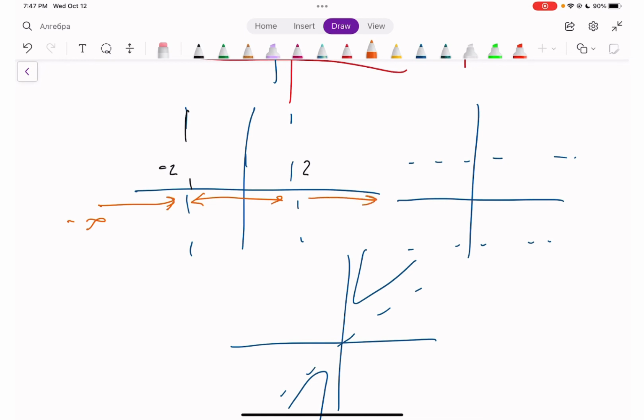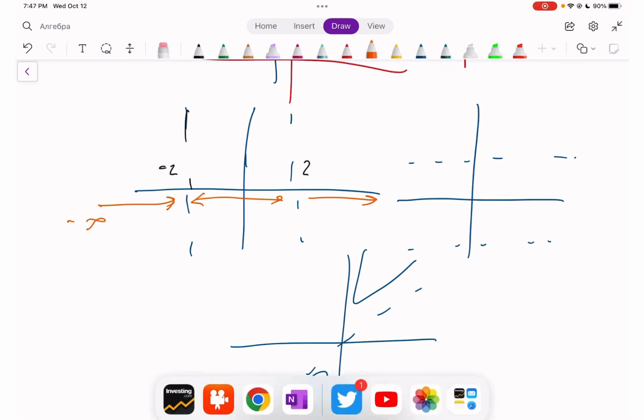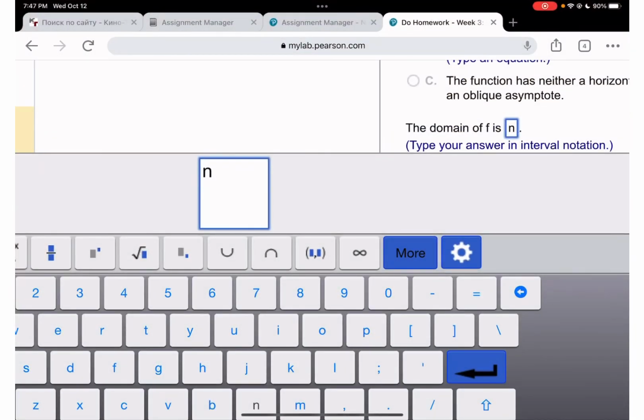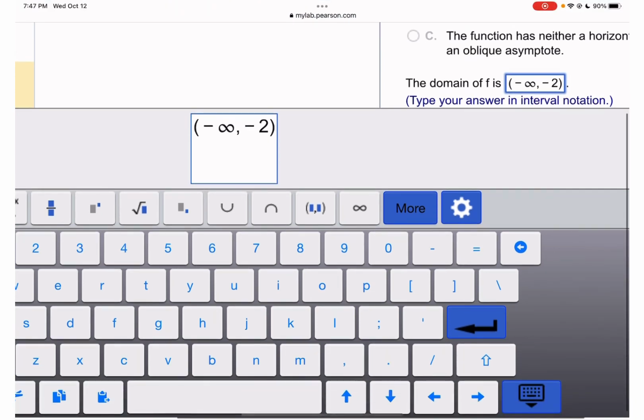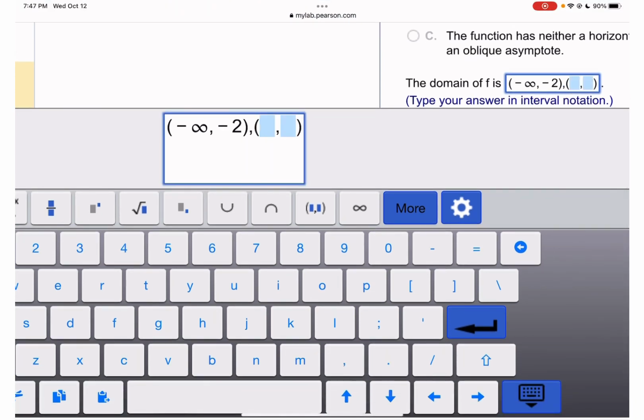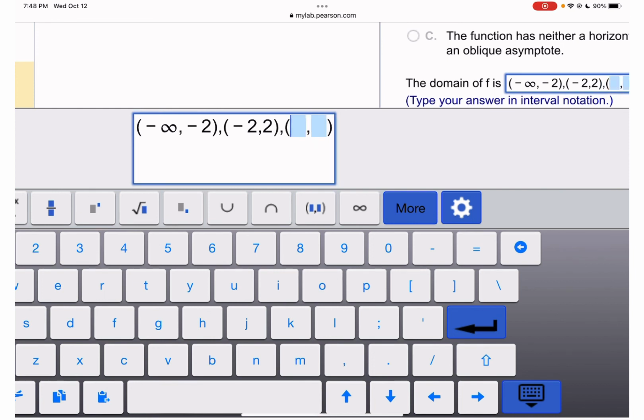And from +2 to +infinity, okay? All right, so we're writing it down here. It's going to be from -infinity to -2, okay, comma, and then another one from -2 to +2, and then comma, and then from 2 to +infinity.